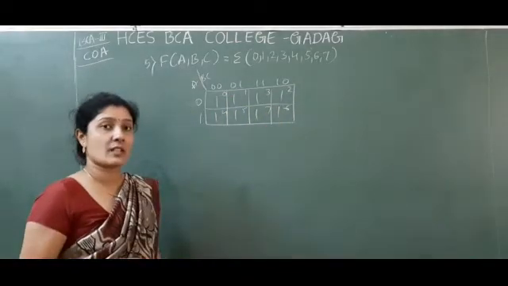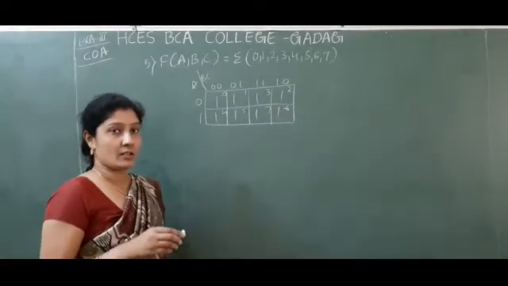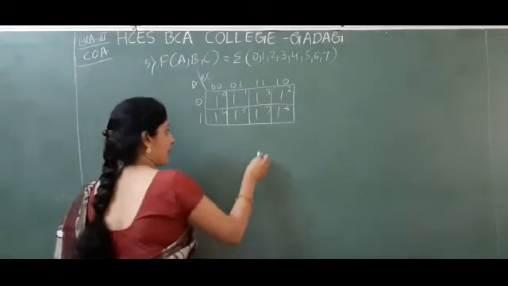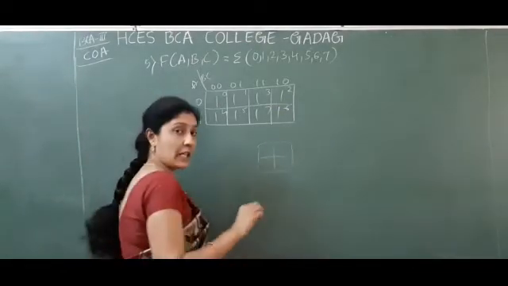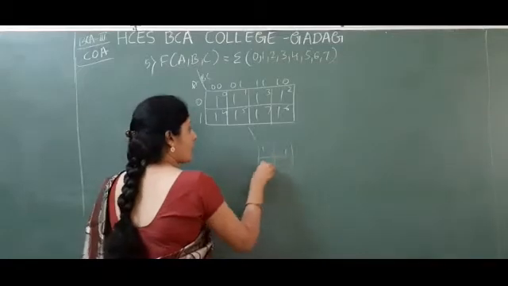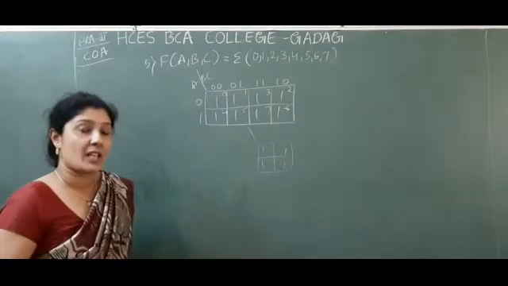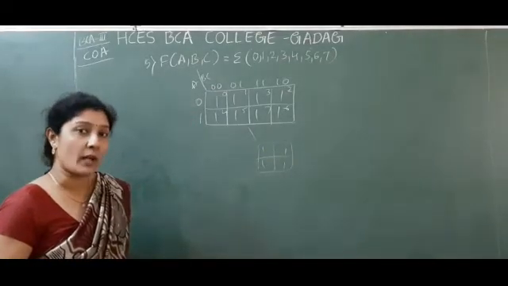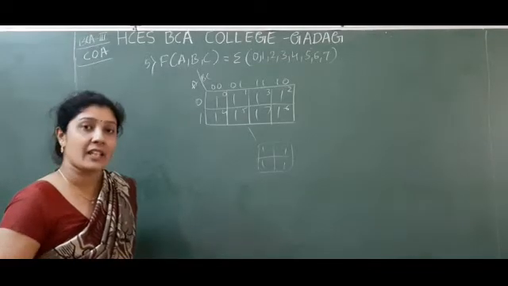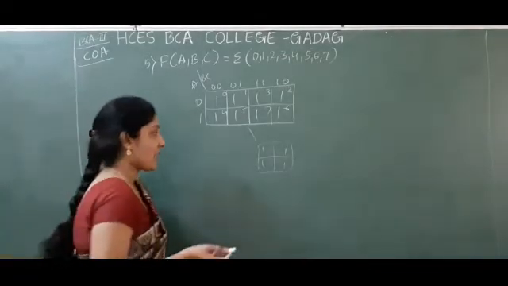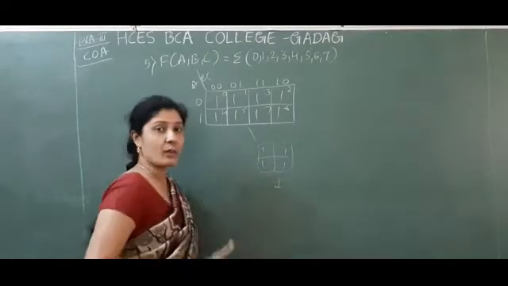Now what do we do in this case? As I told you while using the 2 variable K-map, if you remember in the last class, when all are ones, then what is the value? Because when all are ones, we won't get any variable as common, of course.